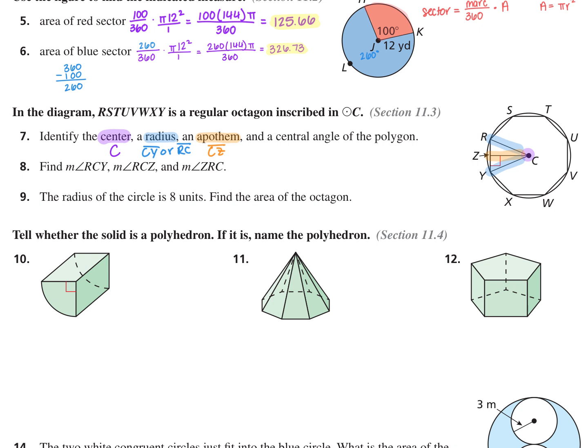Keep in mind, central angle is this point right here, from here to here. That's my central angle, and my central angle is an angle, so it's angle RCY. Or yes, you could flip it over and write it as angle YRC. So that's my important information for this one.